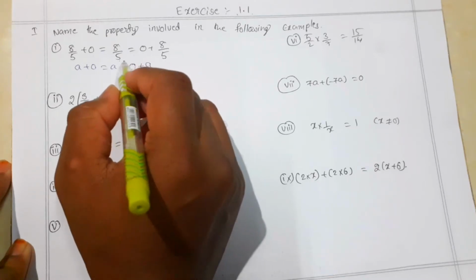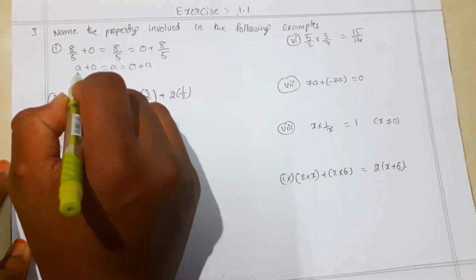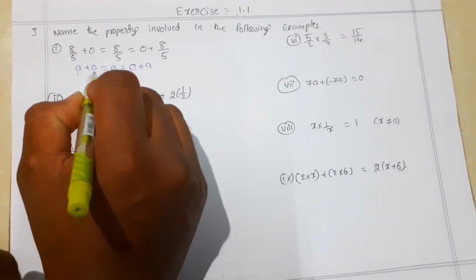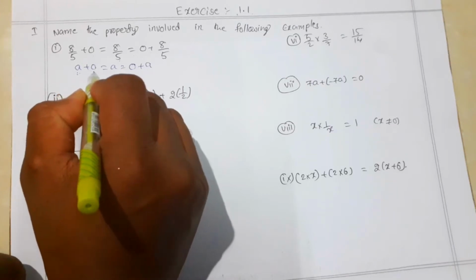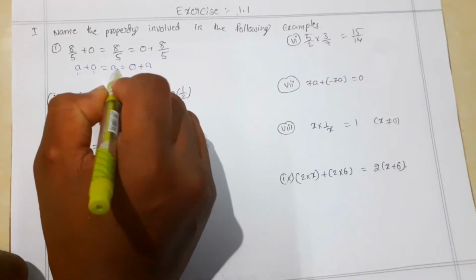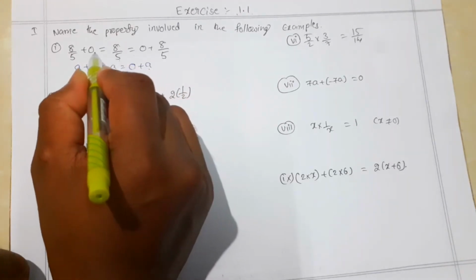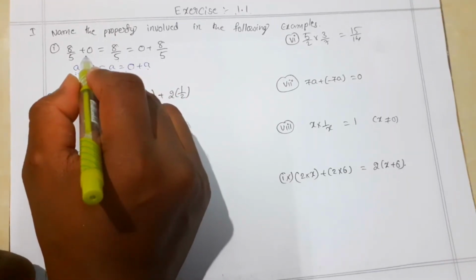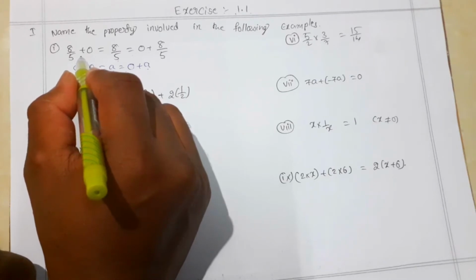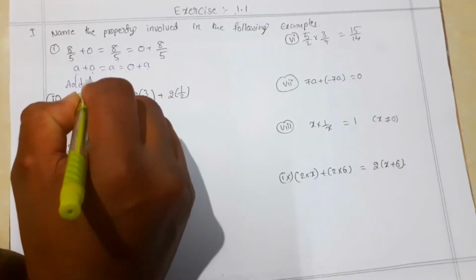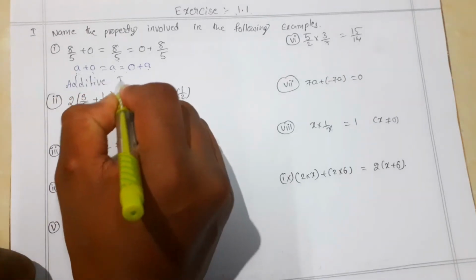For any rational number a, there exists a rational number 0 such that a plus 0 is equal to a, which is equal to 0 plus a. So by observing this, the property involved is the existence of additive identity.